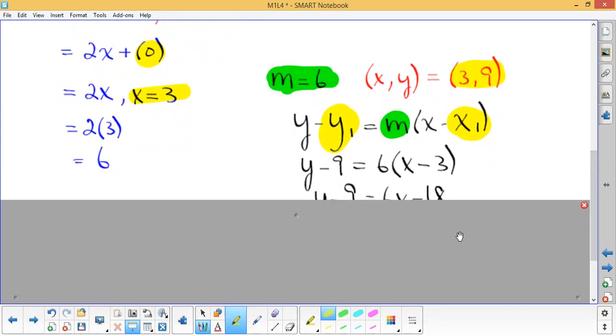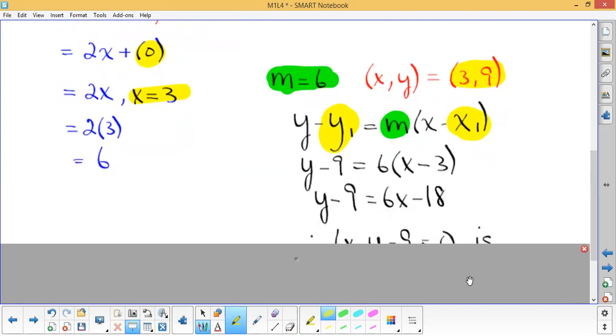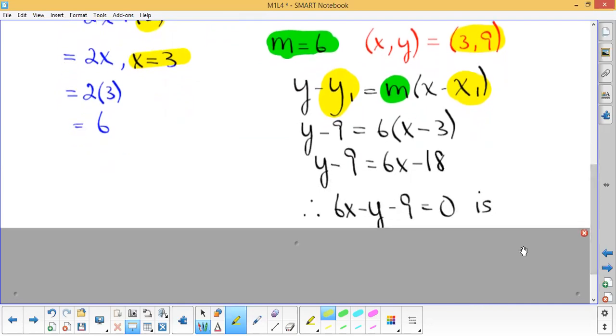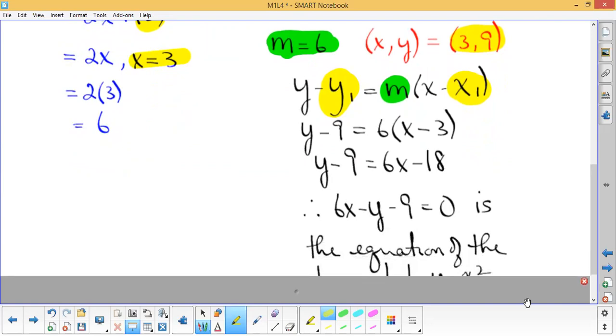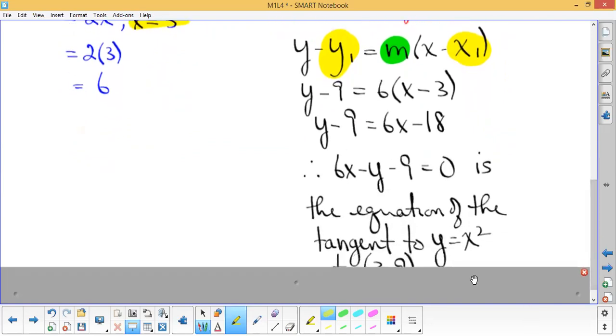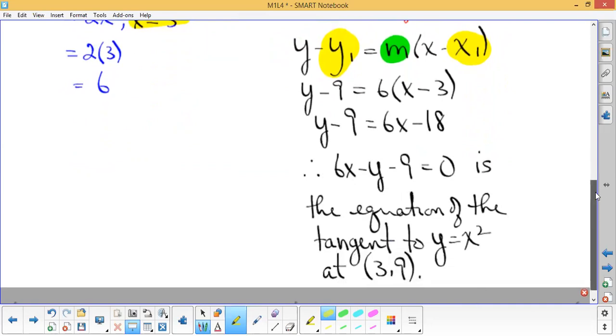I chose point slope form. And you can manipulate the algebra to come up with an equation in standard form. So the equation of the tangent to y is equal to x squared at the point 3, 9 is this equation. Tangent lines are always linear lines, straight lines.